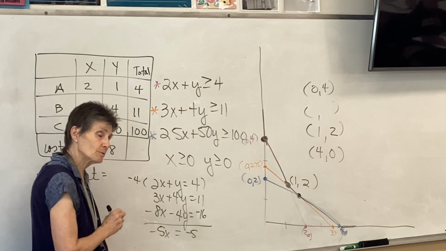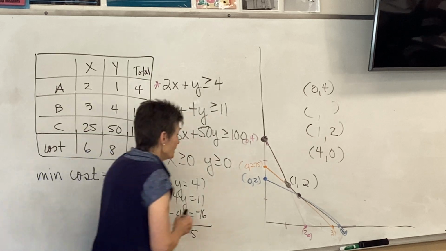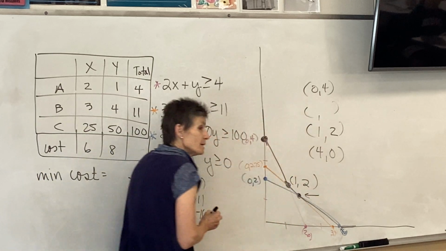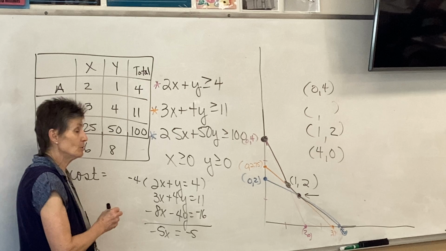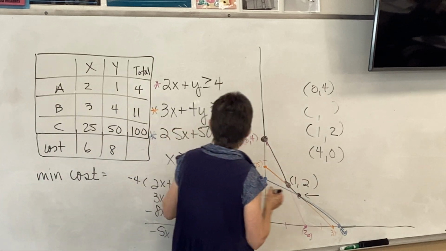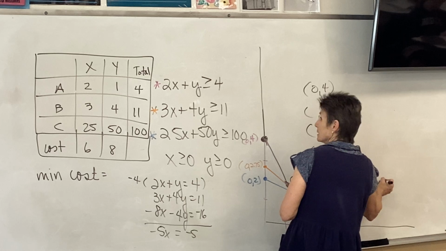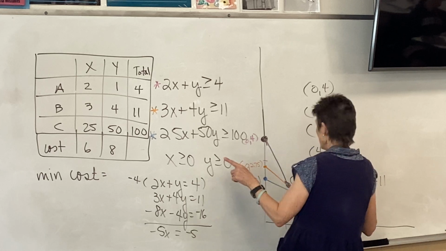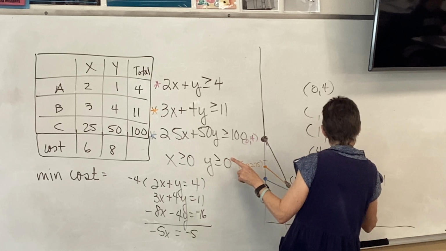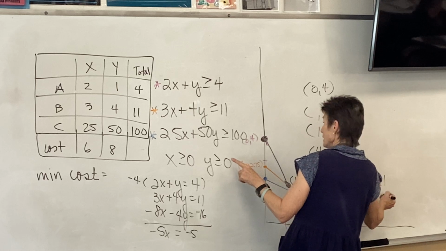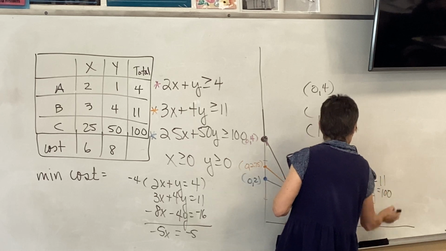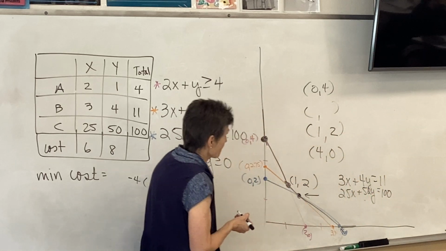Now what am I gonna do? Same thing, only I'm gonna do it for orange and blue. So 3x plus 4y equals 11, and 25x plus 50y equals 100.